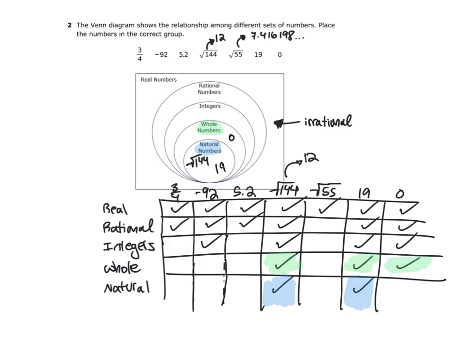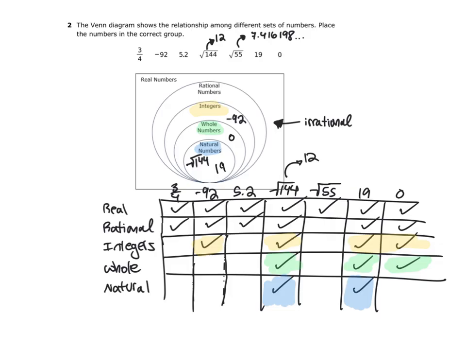Okay, let's see what's next. We've got our integers, and so that's going to be negative 92. 0, 19, and the square root of 144 are also integers, but I can't put them in this same region that negative 92 is. Like if I put the square root of 144 out here, I'd be saying it's not a natural number and not a whole number. So that can't go there.